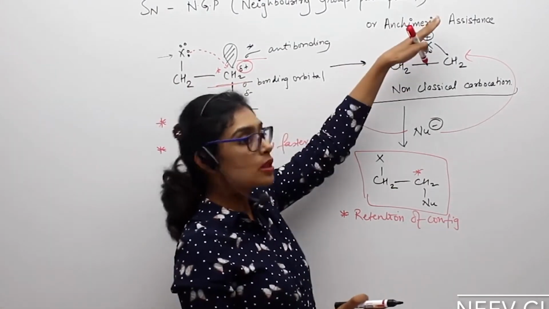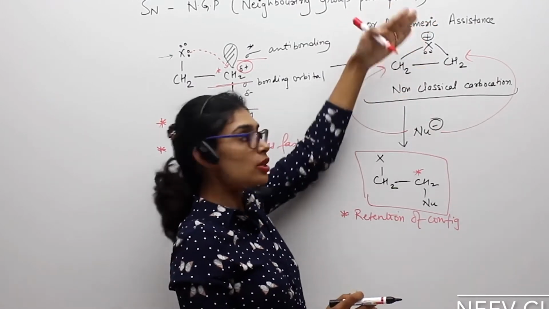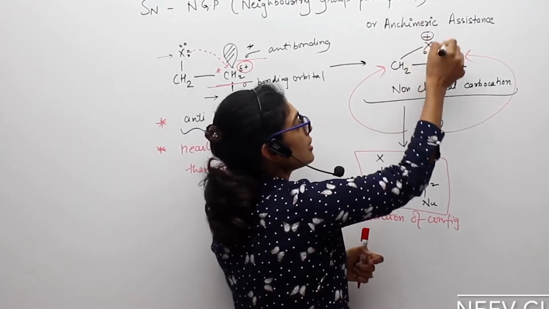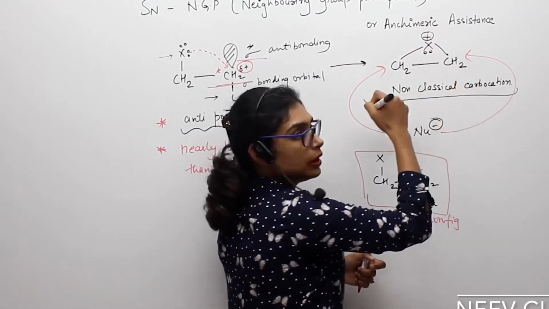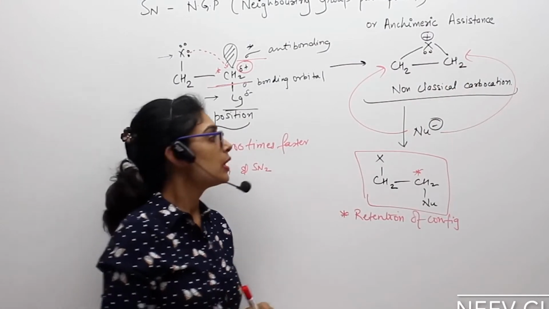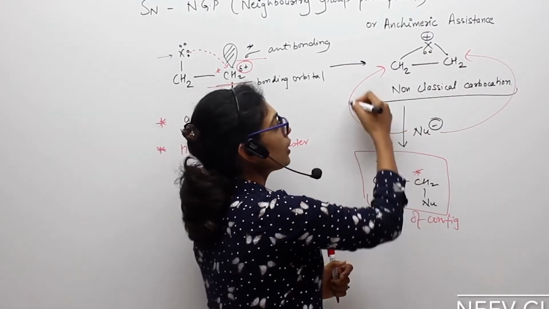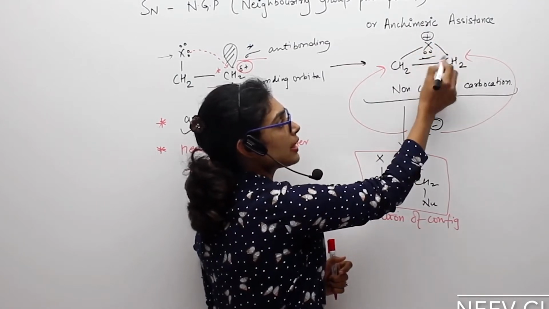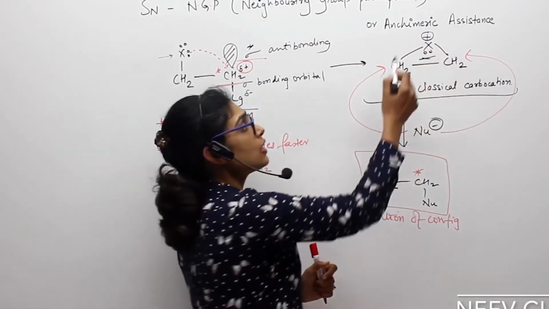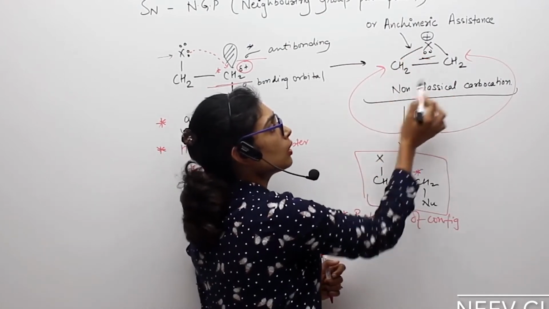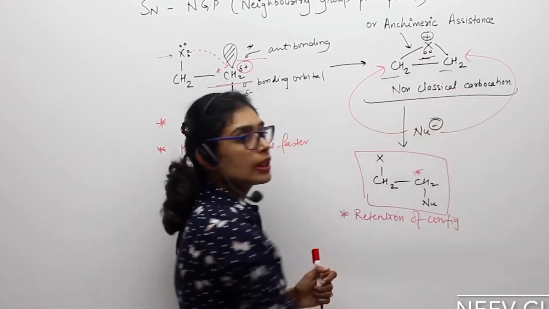This was in the opposite direction compared to the leaving group. So when the nucleophile comes to attack, this place is already crowded and it will face repulsion from this X. Hence it will not attack from this end, but instead will attack from the bottom, either on this carbon or this carbon.